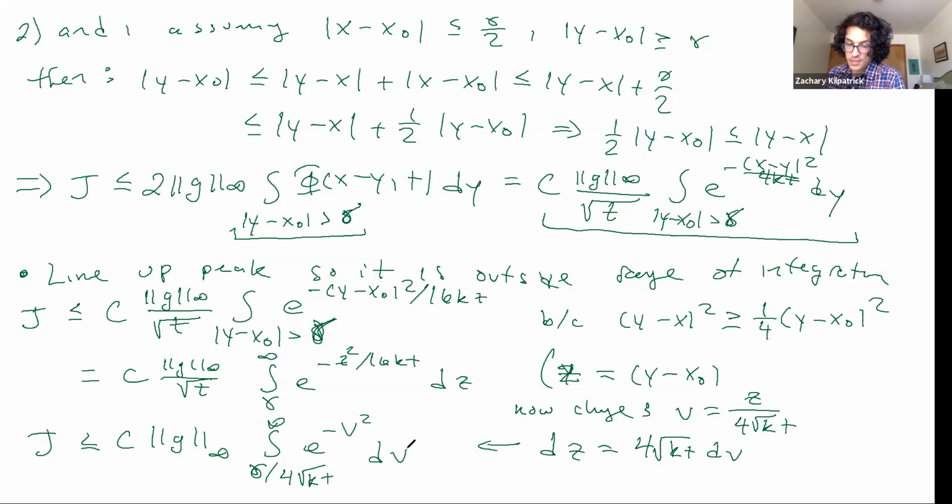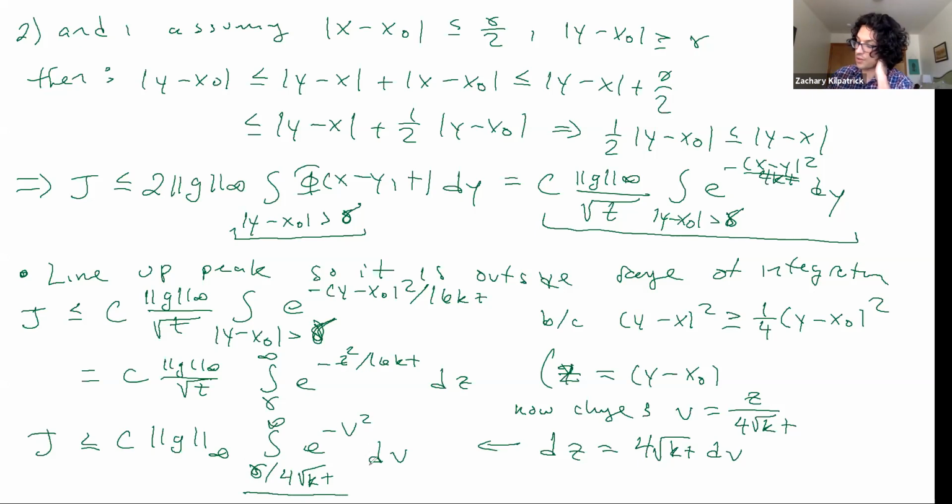And as t goes to 0 from above, right, what I should have is that this vanishes, okay? As t goes to 0 from above, my limit of integration is going to blow up to infinity, okay?